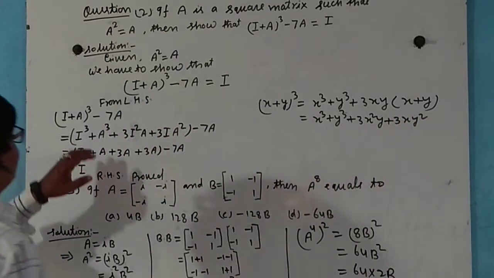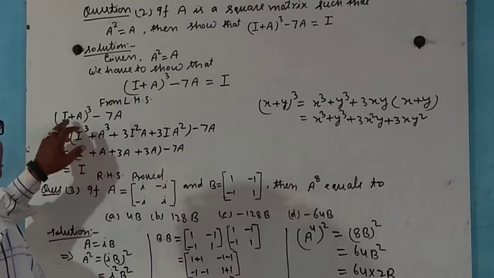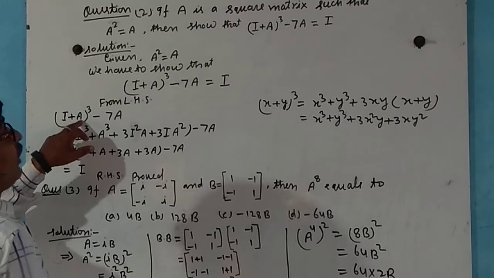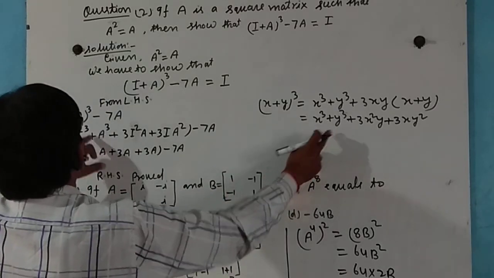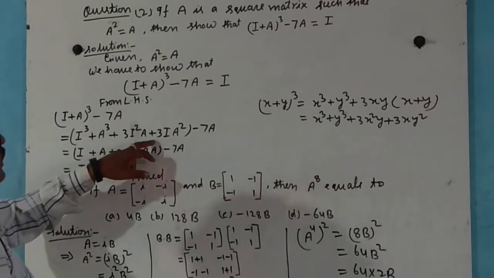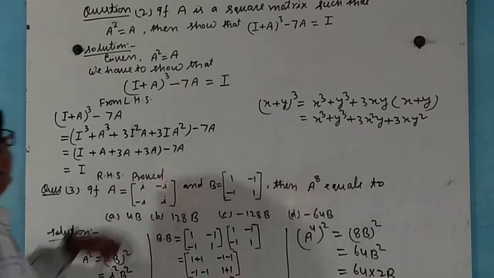In this sense, we write I cubed plus A cubed plus 3I squared A plus 3IA squared minus 7A.